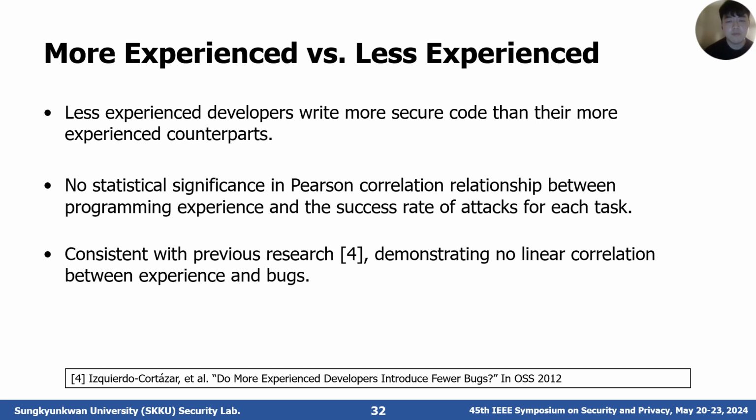However, we did not find statistical significance in the correlation coefficient for any tasks. Interestingly, this finding aligned with the results from previous studies, which also demonstrated no linear correlation between experience and bugs.